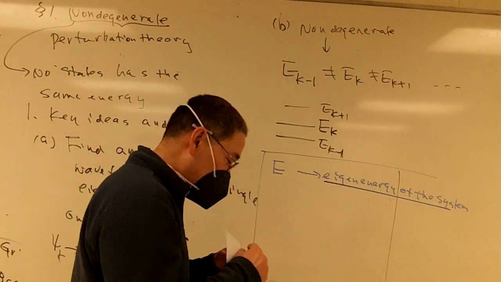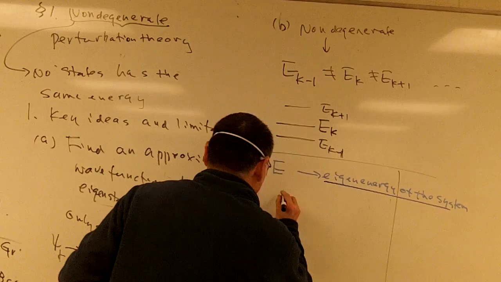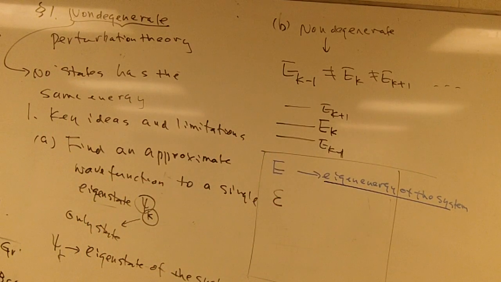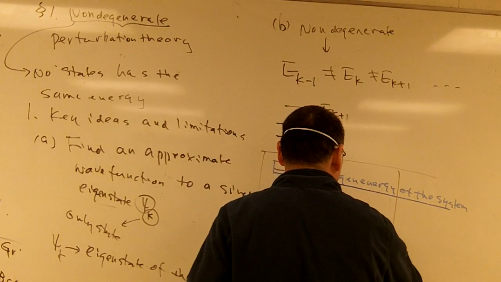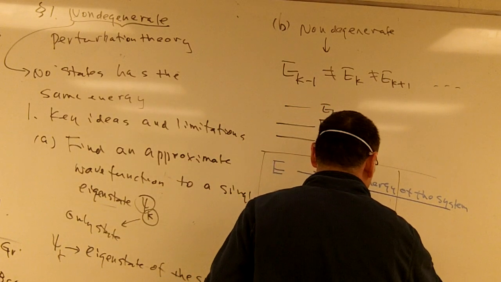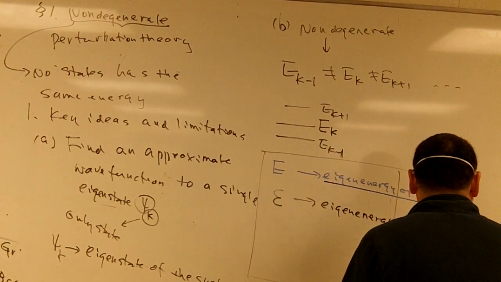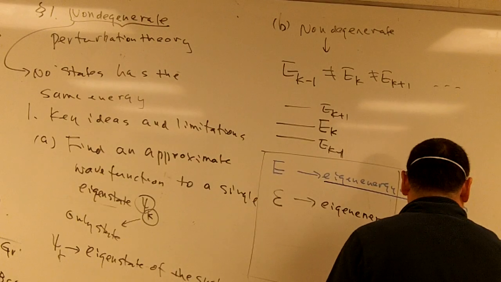Now I'm going to use a different color to show you the epsilon. It looks like E, but it's an epsilon. This epsilon is the energy of, watch carefully, an unperturbed system.